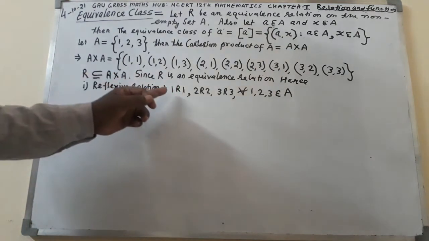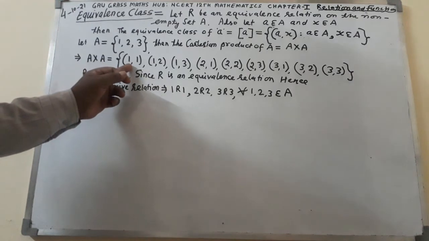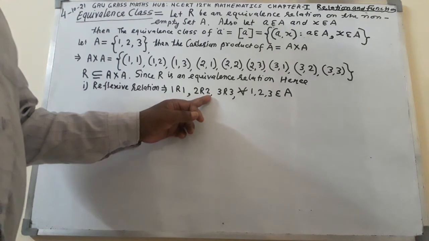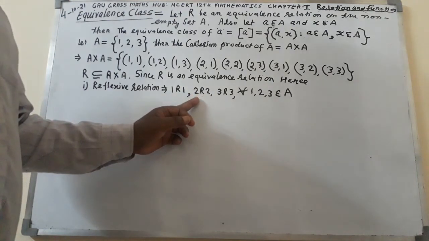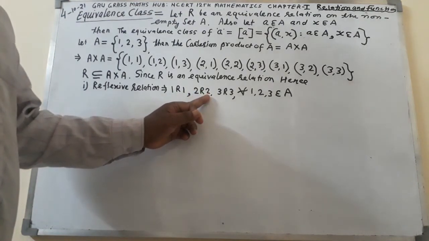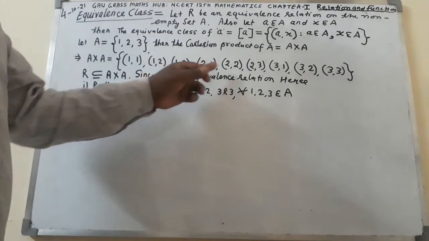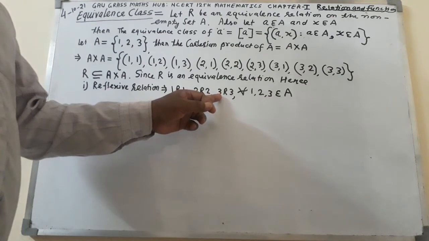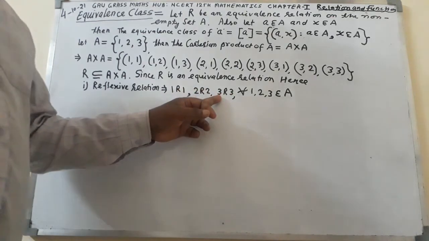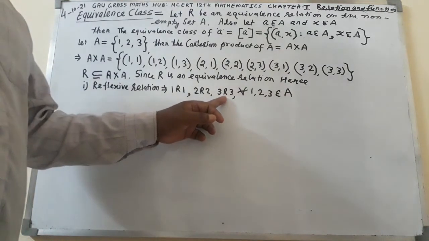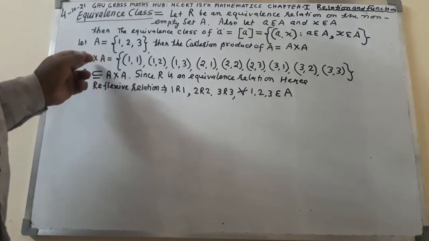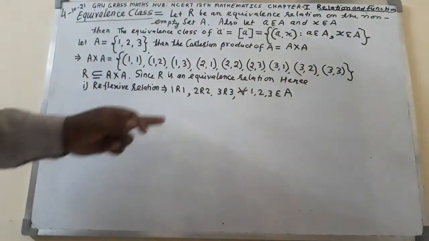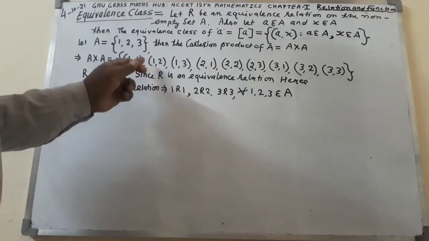So the ordered pair we have got is (1, 1). 2 is related to 2: the first element of the ordered pair will be 2, and the second element will be 2, so here you get (2, 2). 3 is related to 3, which means the ordered pair (3, 3). The (3, 3) must be there in the Cartesian product A cross A. So here (3, 3) is there, (2, 2) is there, (1, 1) is there.